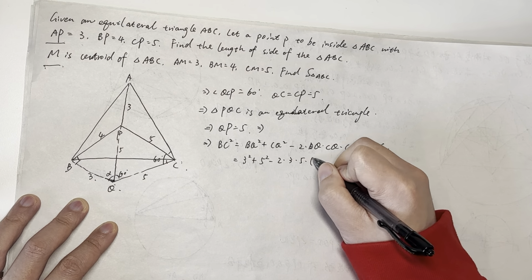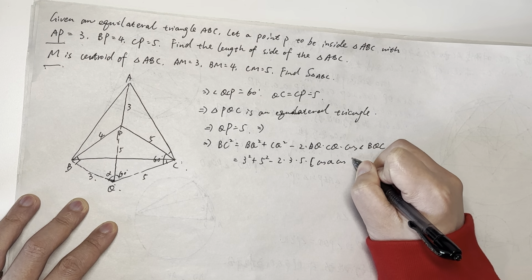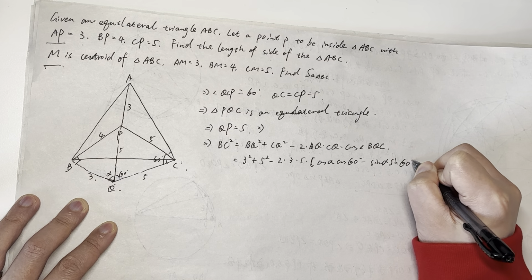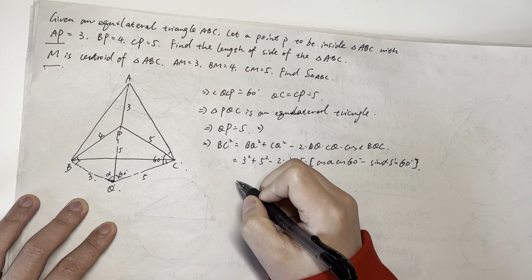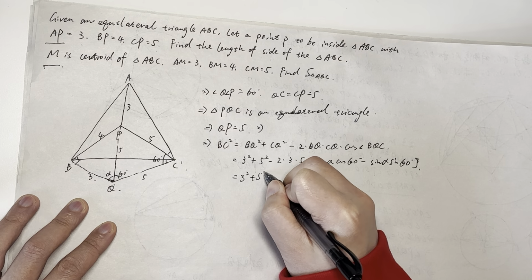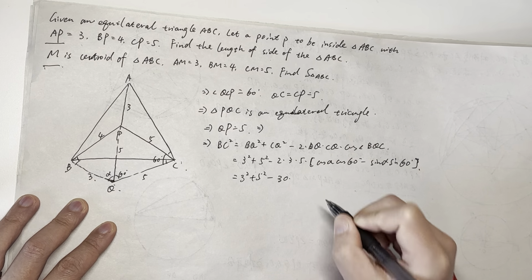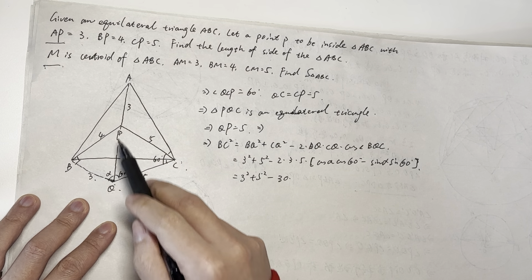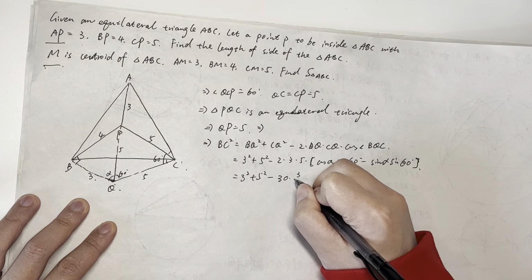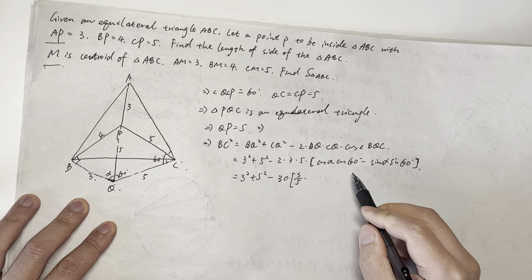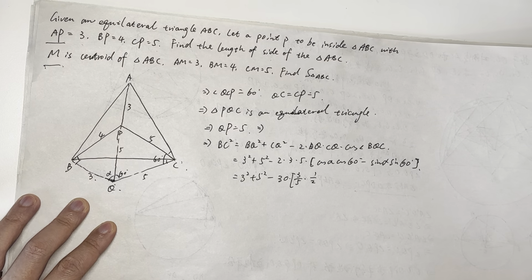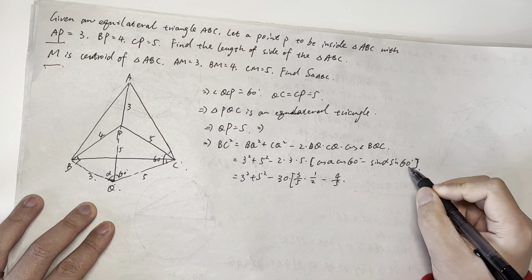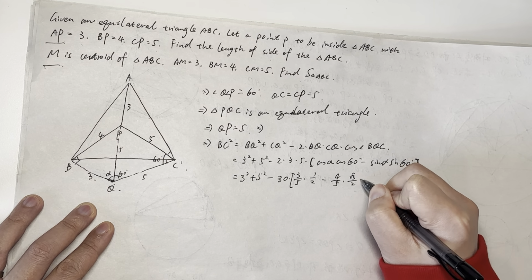So that's cosine alpha cosine 60 minus sine alpha sine 60, right? So it equals 3 squared plus 5 squared minus 30 times that. Cosine alpha equals, because this is a right triangle, 3 by 5. So 3 by 5 times cosine 60, that's 1 by 2, minus sine alpha, which is 4 by 5, times sine 60, that's square root 3 by 2, right?